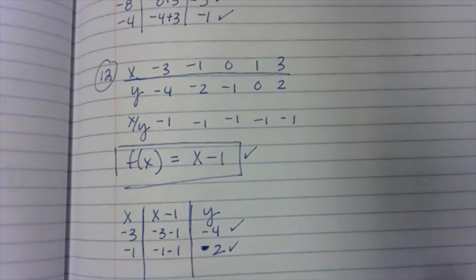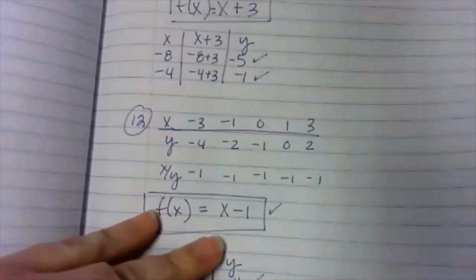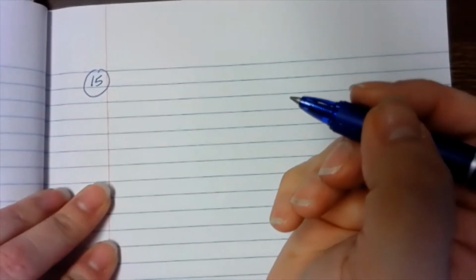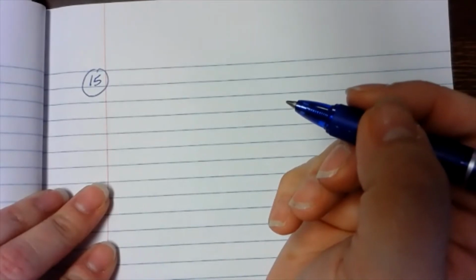Okay, so 12 through 33, multiples of 3. Let's jump over to 15. Okay, so from here, they have given you a graph.